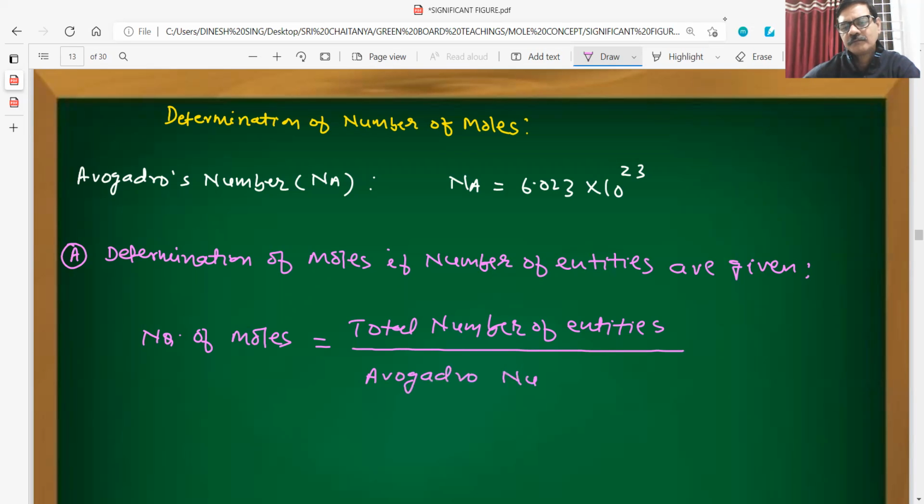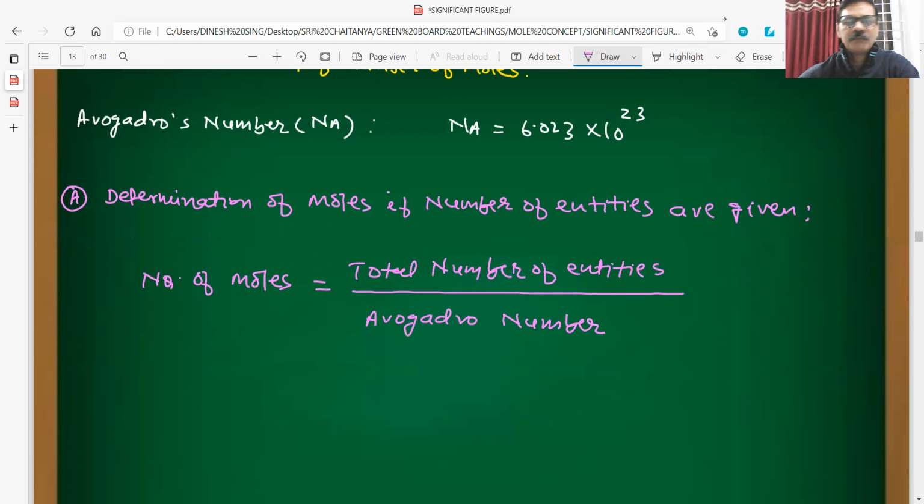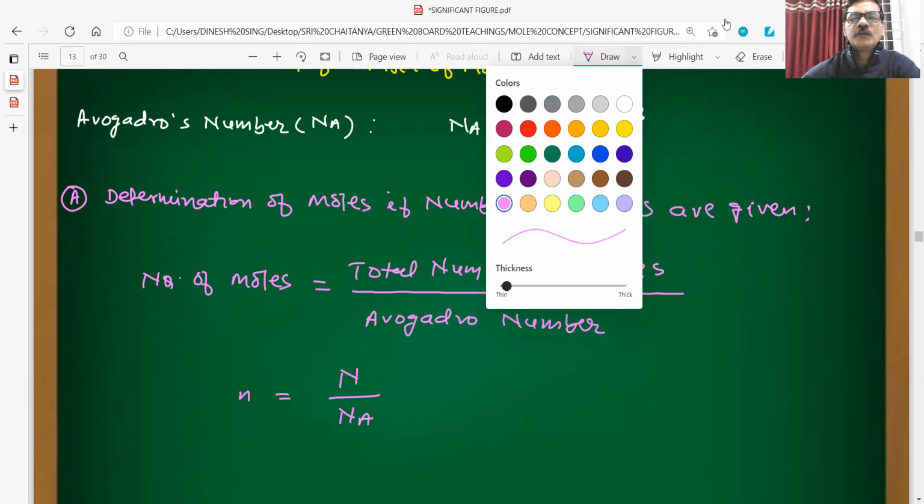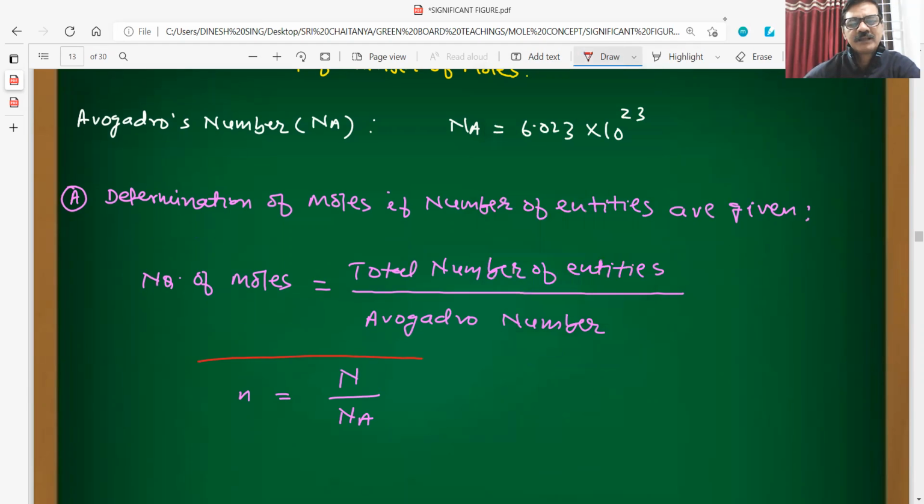Entities are individual particles. So by this we will get the number of moles. Number of moles is denoted by small n, and entities by capital N, so n equals N by Na. By this formula we can calculate the number of moles if entities are given. This is the first formula.